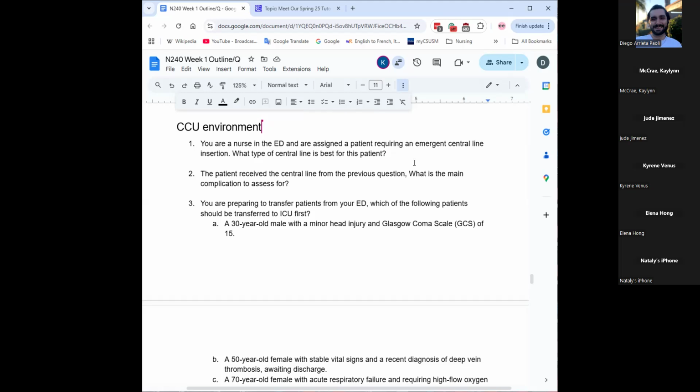Okay, in any case, this is going over really basically the stuff we just talked about. I have more for A-line and PA cath, and then one question for mechanical vent later on. But in terms of your critical care environment, first question: you're a nurse in the ED assigned to a patient requiring an emergent central line insertion. What type of central line would be best for this patient in this situation?